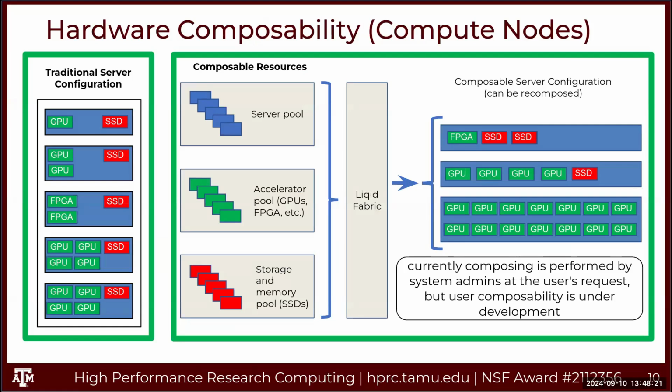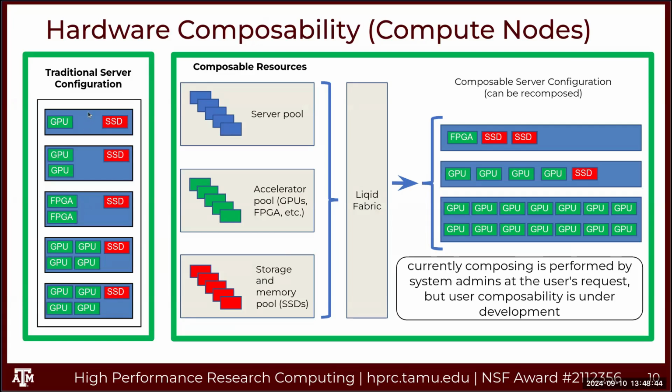So ACES is a composable cluster. And what I mean by composable is that accelerators like GPUs or FPGAs, or SSDs, are not directly attached to each compute node, as in this gray box on the left.